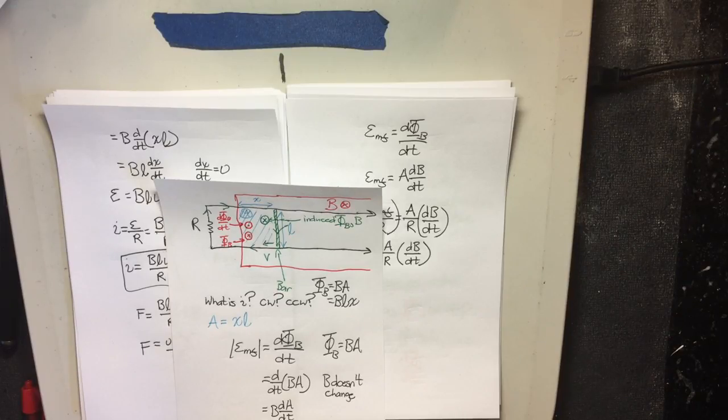I cross B. So I is from top to bottom. B field is what? Into the page. Which means that the magnetic force is to the right.